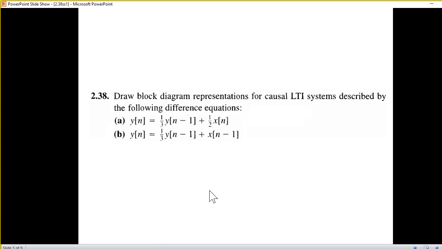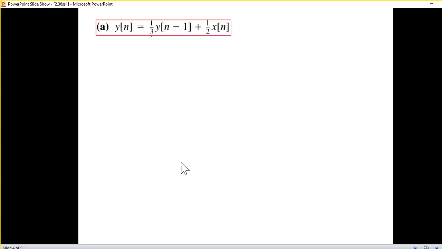We will follow same technique to solve these two, question number 238, part A and part B. Now part A, first of all, as we did in the last slide, we'll follow exactly the same: x[n] multiplied by half. Then we put the adder sign.